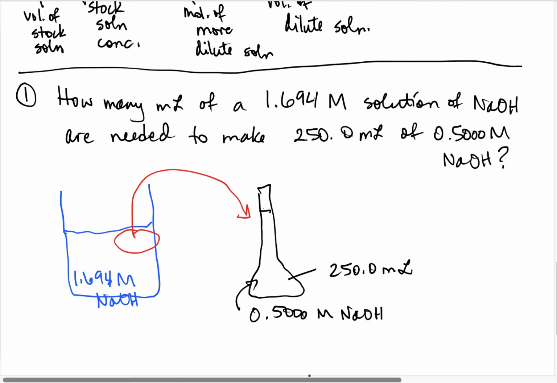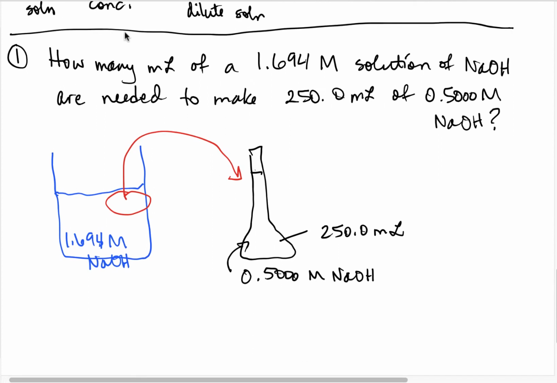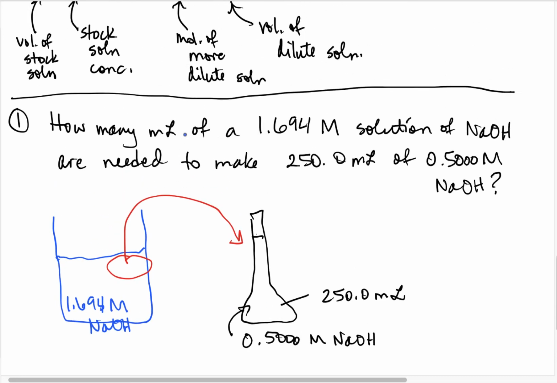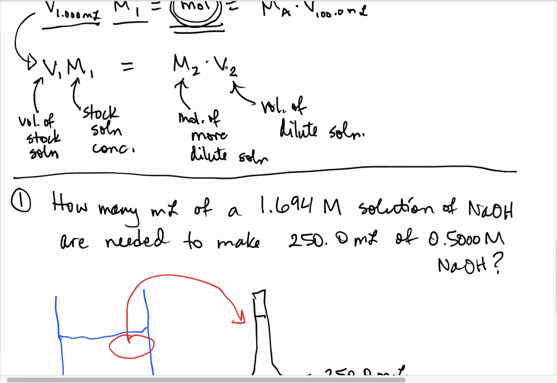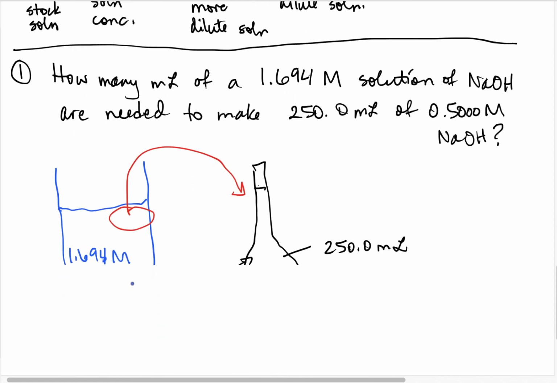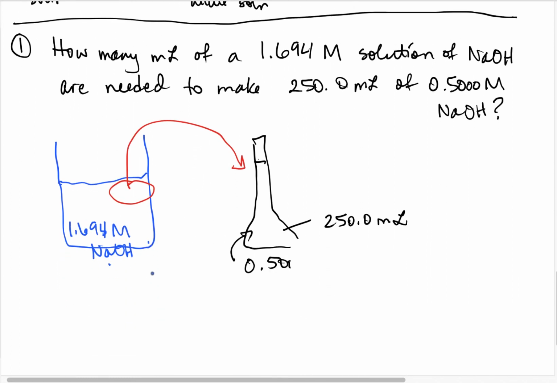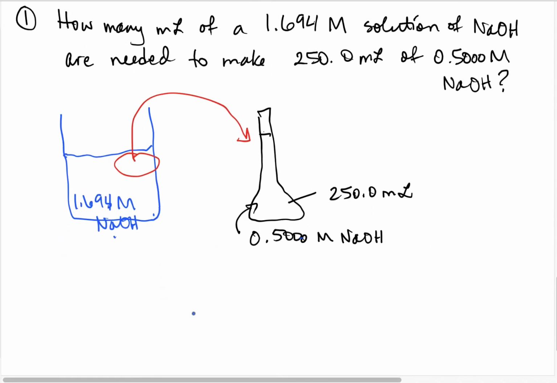The reason why I drew this is because now it's really easy for me to see where my M1V1 and my M2V2 are, right? Because my M1 and my V1 are going to be the same solution. So here's my M1, and this unknown is my V1.